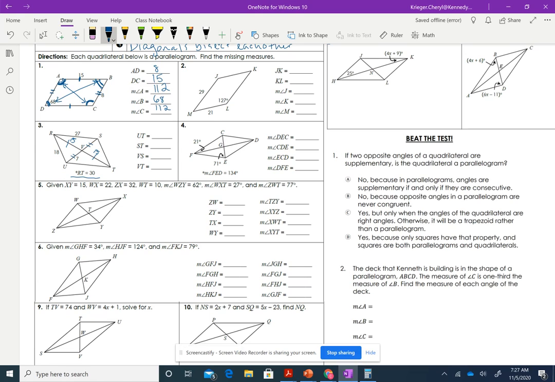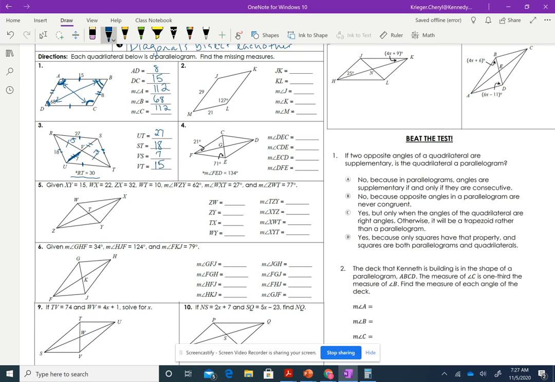UT is going to be the same as RS, so I'll go ahead and mark that. So UT is 27. ST is the same as RU, so ST is 18. And VS is the same as UV, which is 7. And then I have VT, which we already talked about, is 15.